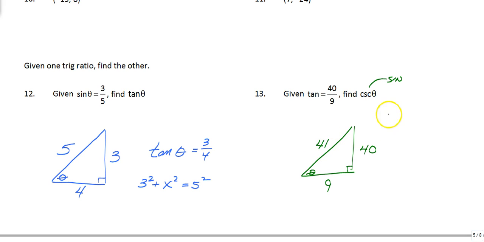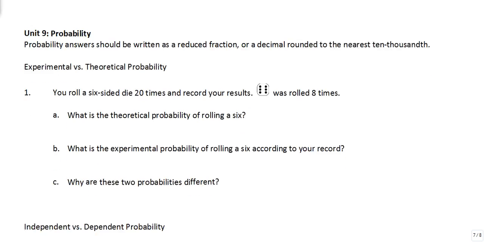So the sine of theta is equal to opposite over hypotenuse, which is 40 over 41. But then you have to remember that the cosecant of theta is the reciprocal of that. So cosecant of theta is 41 over 40. Okay? And that should cover the changes in trigonometry.